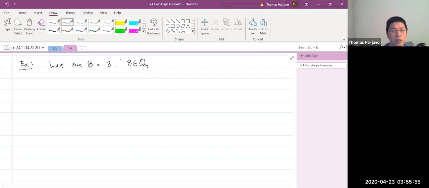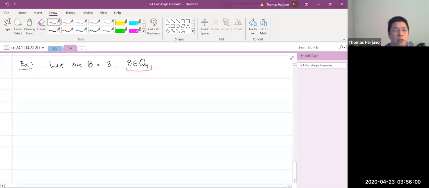Now, if B is in quadrant 4, the first question I would like you to answer is where is angle B over 2 located? And then from there, I would like you to compute, for example, sine of B over 2. And how about cotangent of B over 2?